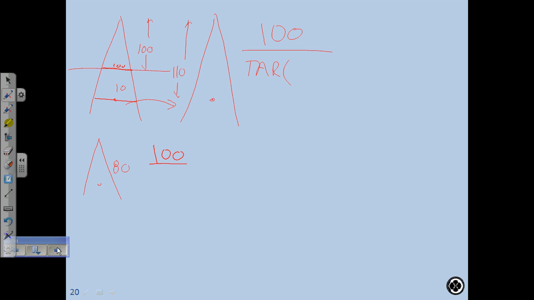So 100 over 10 is equal to 110 over x. And that x is this. Okay? So x equals, right? Similar triangles.